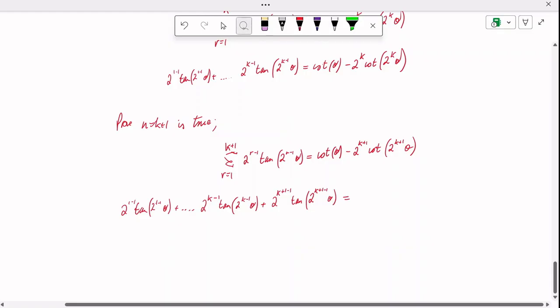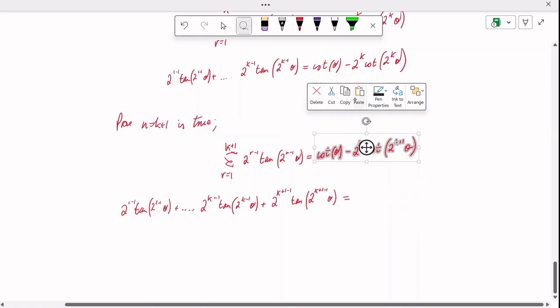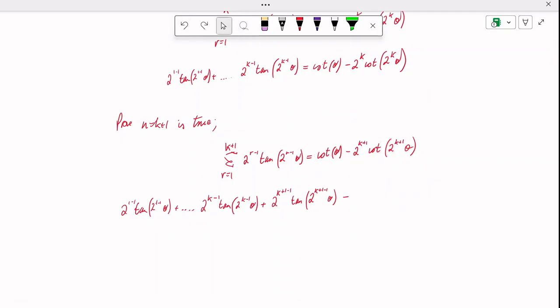And all of that is going to equal this right hand side right here.